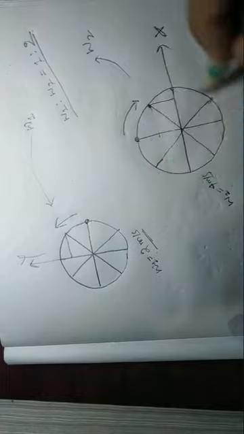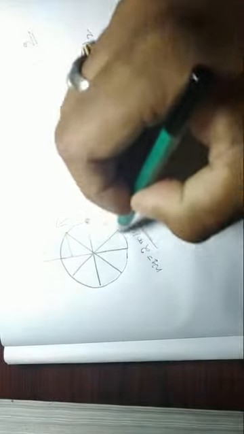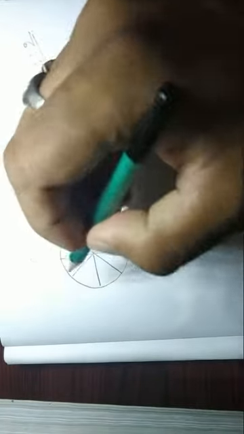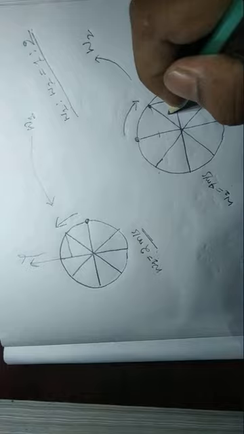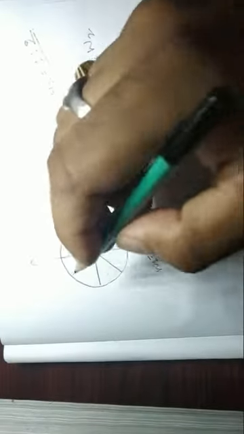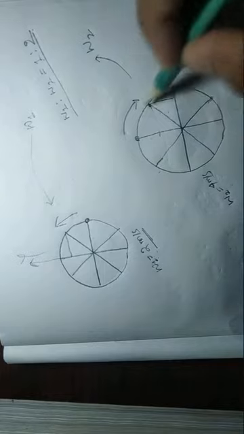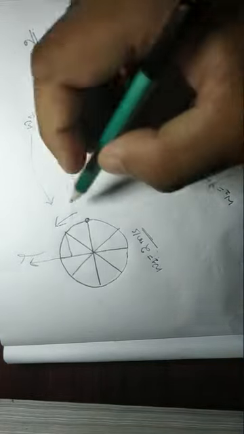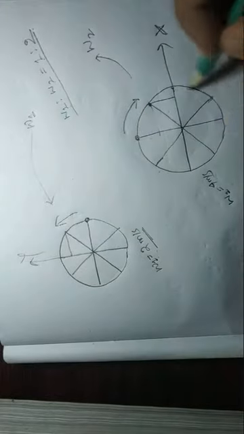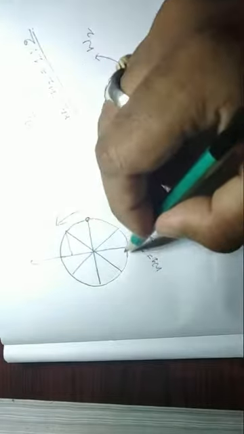That means this particle is moving faster on its circumference and this is moving slower on its circumference. How much slower? Two times slower, or we can say this particle is moving on the circumference two times faster than this. If this particle's speed is like this, the other particle's speed is slower.